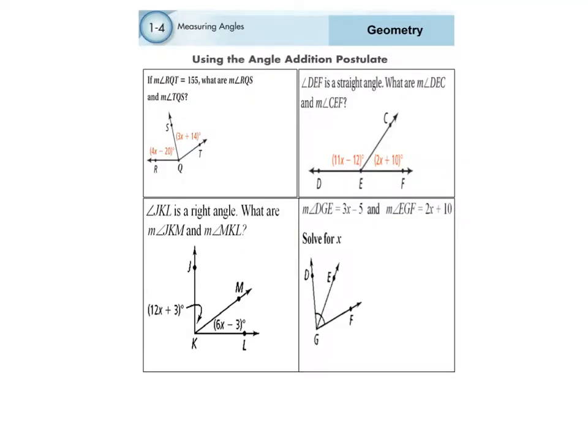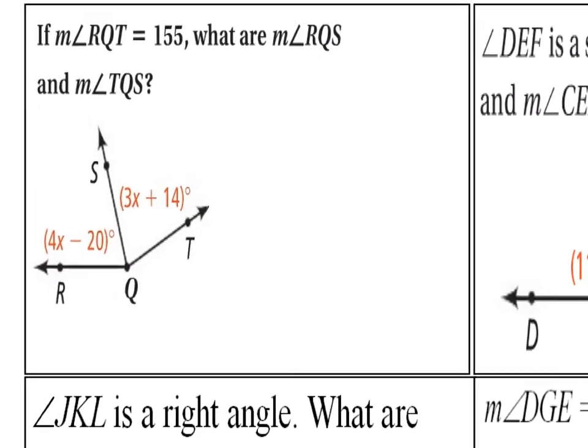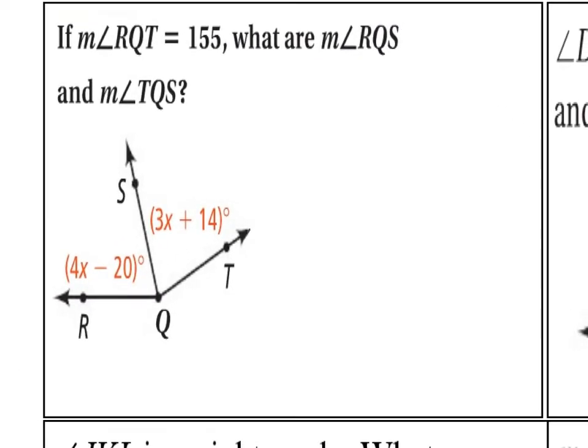Okay, so let's look at some examples here using the angle addition postulate. Let's look at this first example. It says if the measure of angle RQT is 155, what are the measure of angle RQS and the measure of angle TQS? RQT is 155. RQT is the whole angle.